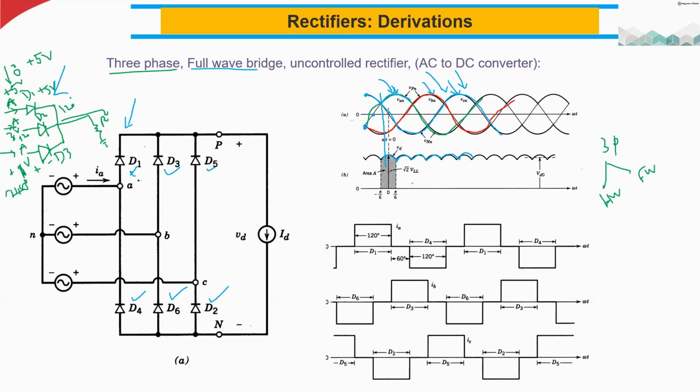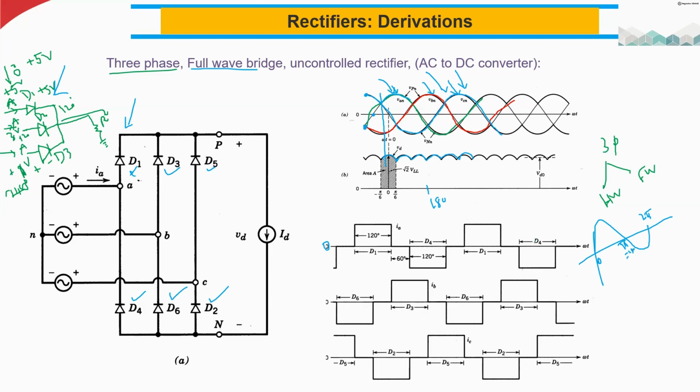We know that each one has 180 degree, and let us take our standard example, 0 to pi and 2 pi. Pi is equal to 180 degree.